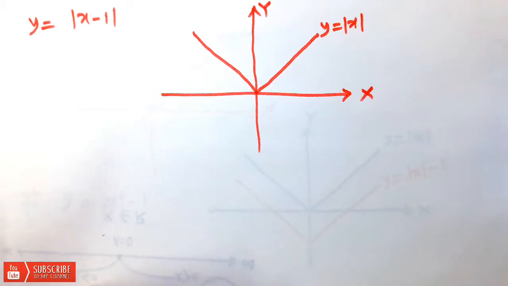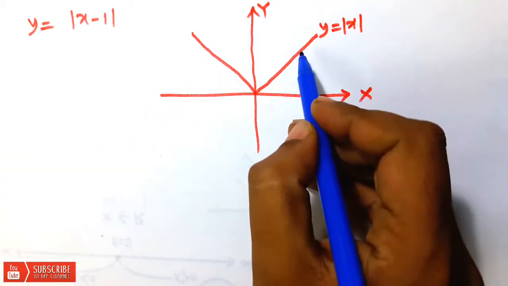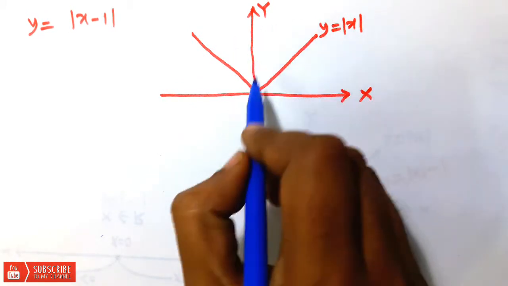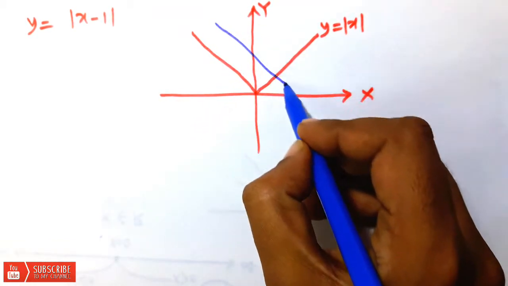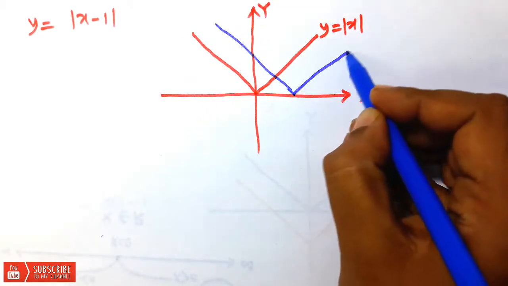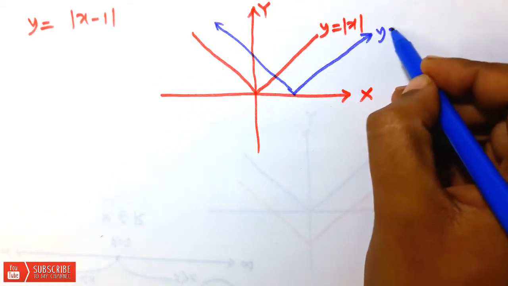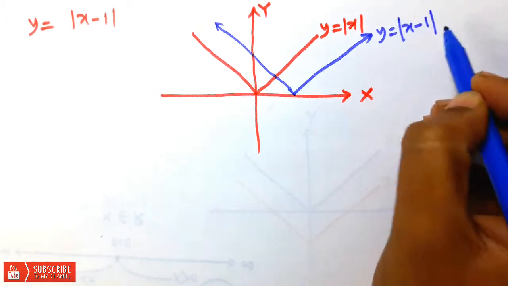So here you will find that this y is equal to modulus x graph will be shifted 1 unit right side of this y-axis. So it will look like this one. Okay, so this is y is equal to modulus of x minus 1.